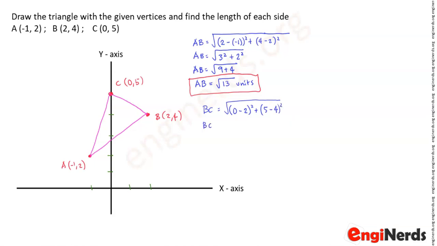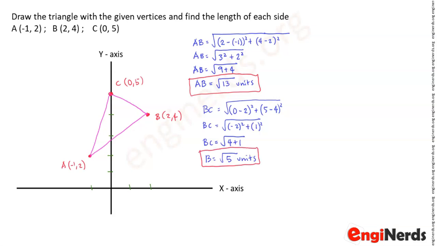So we have BC is equal to the square root of negative 2 squared plus 5 minus 4, 1 squared. So BC is equal to the square root of negative 2 squared is positive 4 plus 1. So ang BC is equal to the square root of 5 units. Okay? So this is the second length ng side na nakuha natin.